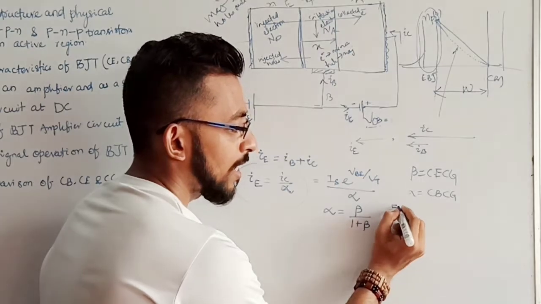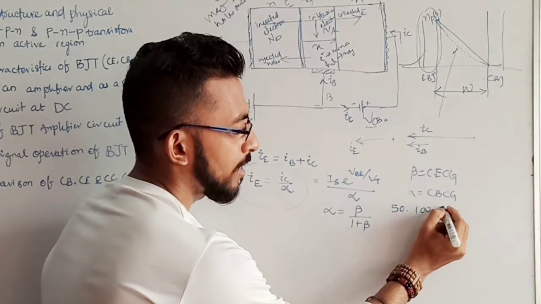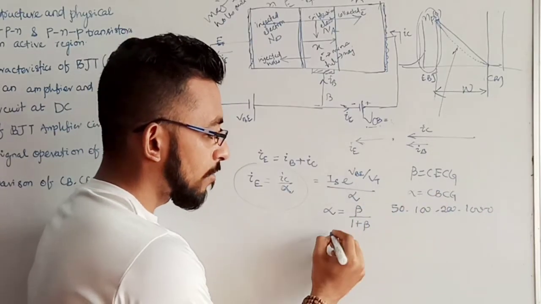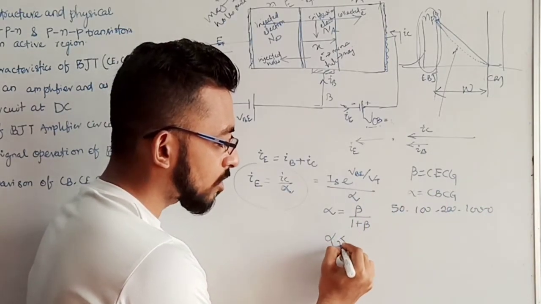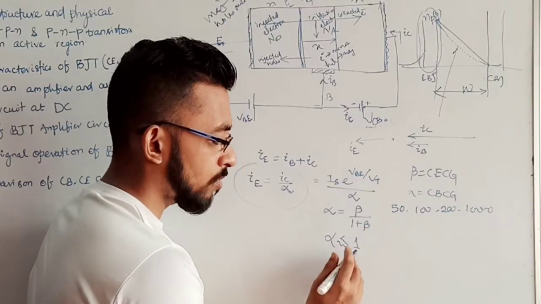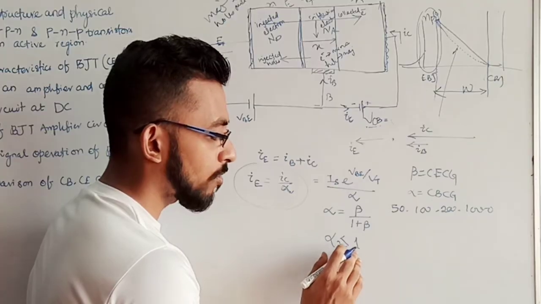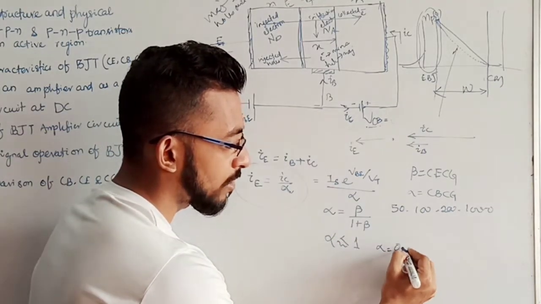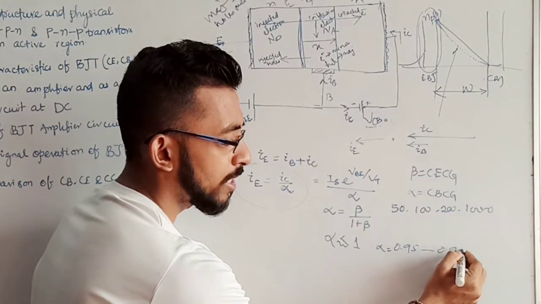Usually my beta value can be 50, it can be 100, it can be 200, it can be 1000. Whatever value you take, my alpha value will always come out less than, but approximately, 1. It will never become 1, but it will be less than 1 and close to 1. My alpha value will always be in the range of 0.95 to 0.99.